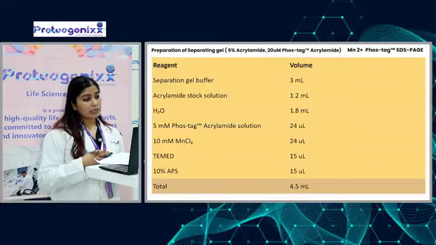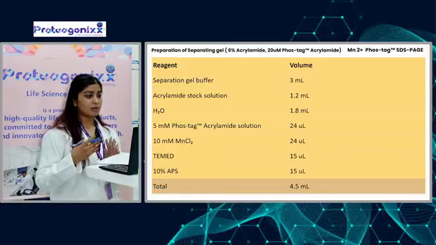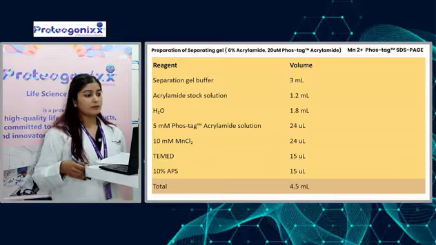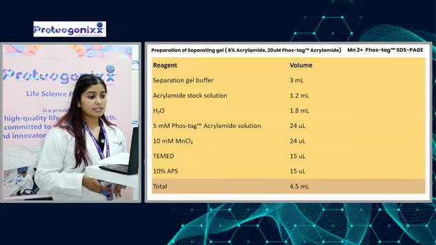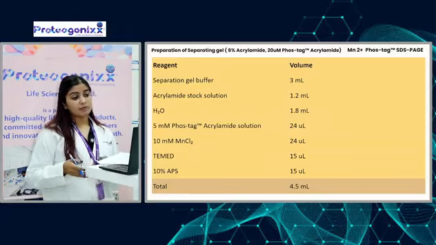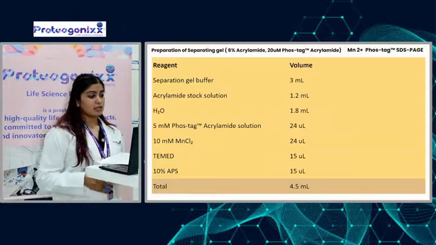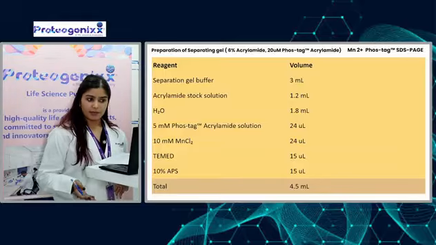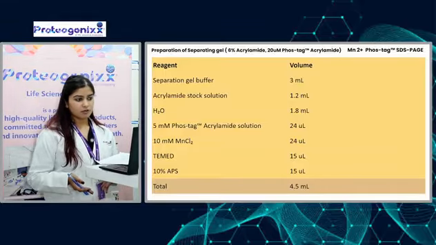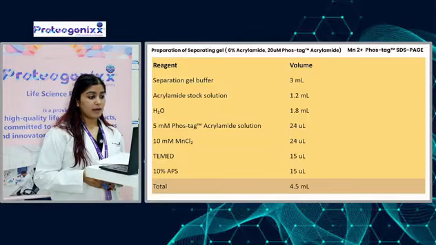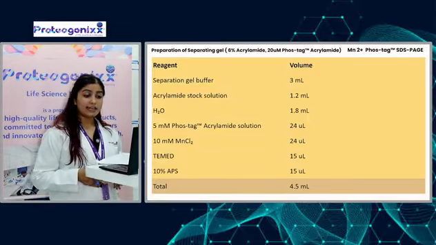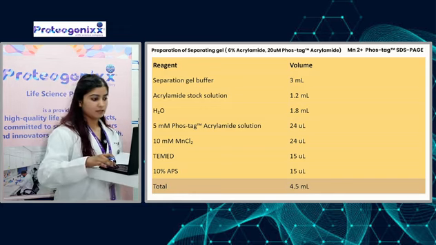Now, this slide outlines the recipe for preparing your separating gel with 6% acrylamide and 20 micromolar phosphate acrylamide. This is for when we are using manganese phosphate. So this gel mixture contains your separating buffer, acrylamide stock solution, water, and then we add 5 millimolar phosphate acrylamide and 10 millimolar manganese chloride.